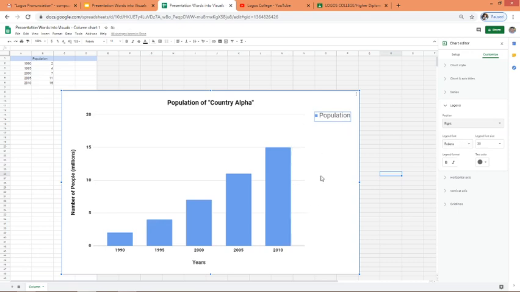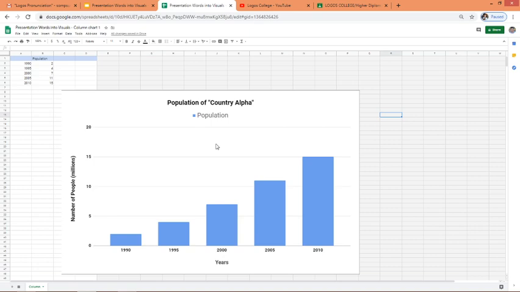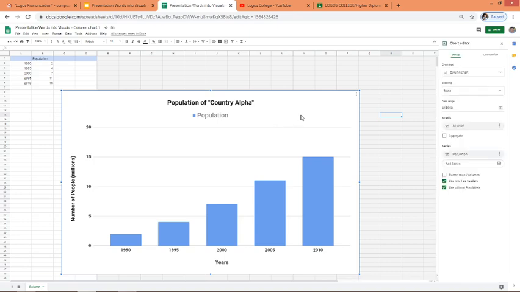And this style graph, I like it right here, so that people can see clearly that this graph is about the population of country alpha, and the blue color stands for population. Okay? All right, so once you got this, it looks nice. Just click on it. You're set.